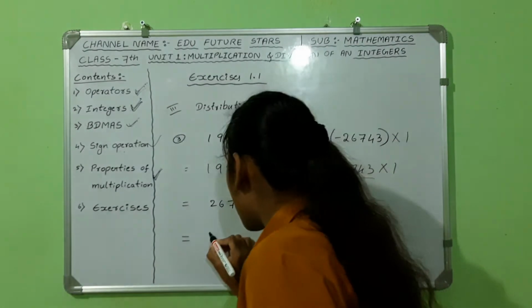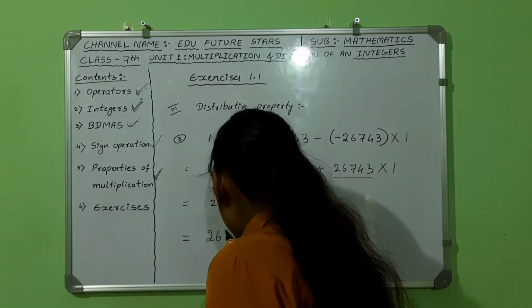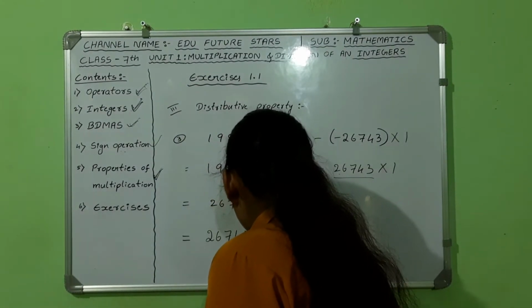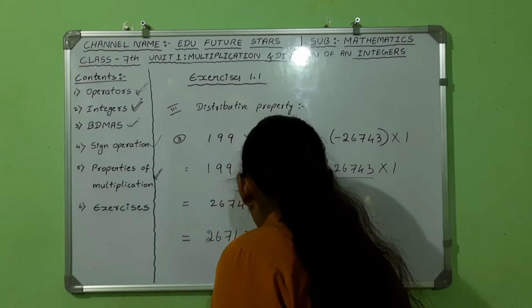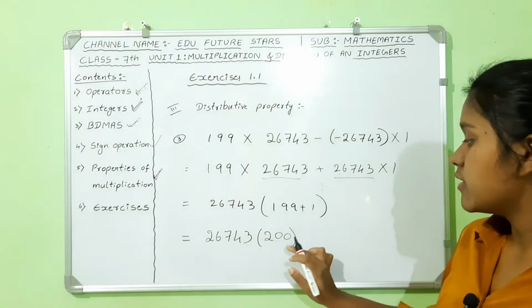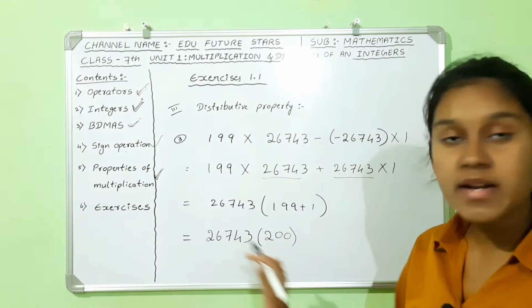Okay. Now here 26743 into 200. Correct? This is 200. Now let's multiply these two things.